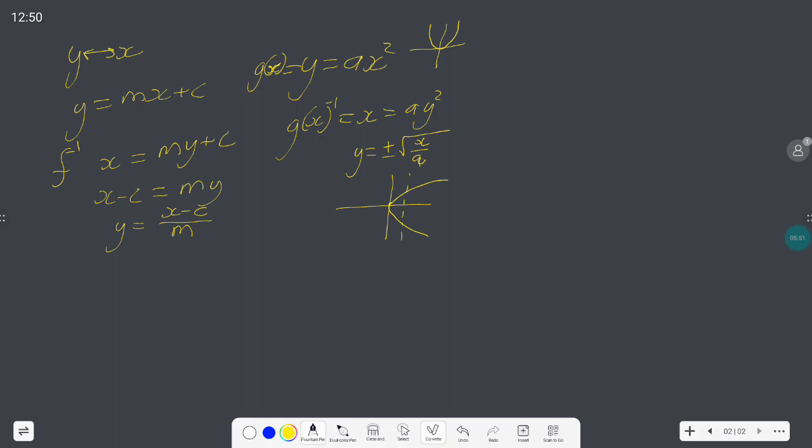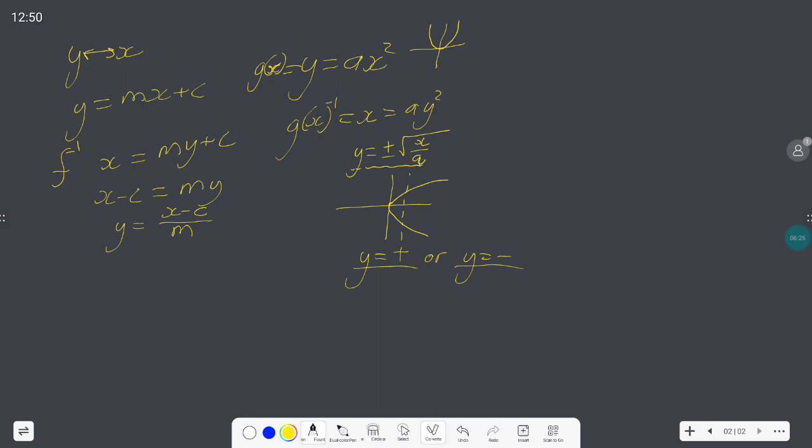Because it fails my vertical line test. So therefore, we impose a limit. We either say but y will be positive, or we say that y will be negative of that value. Otherwise, it will not be a function. You should indicate that, so usually when you do it, you do plus minus, but they will say that y is positive or y is negative.